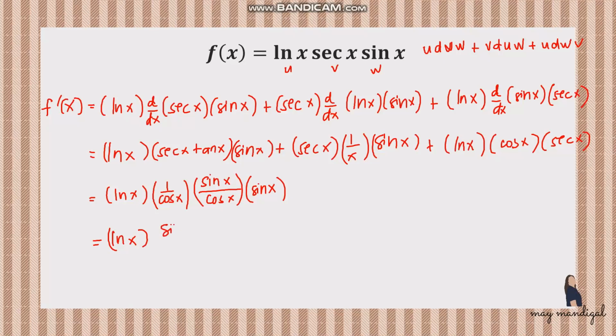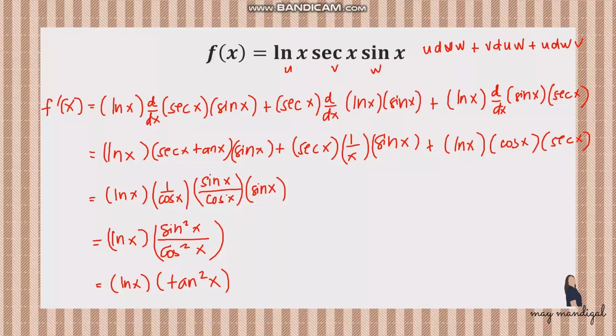So that will be sine squared x all over cosine times cosine, that's cosine squared x. So there you go. And then we can simplify this. Sine over cosine is tangent, but since it is squared, that will be tangent squared x. So there. So that is now the simplified first term.